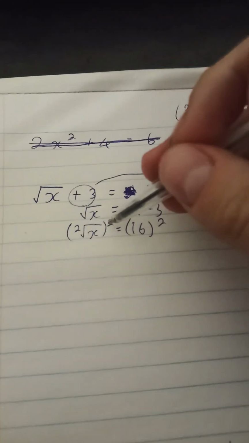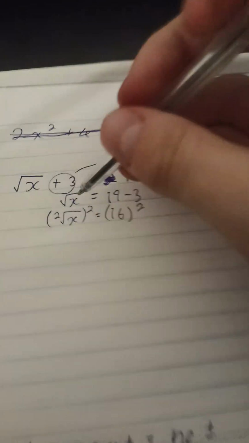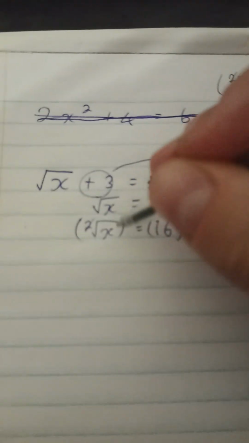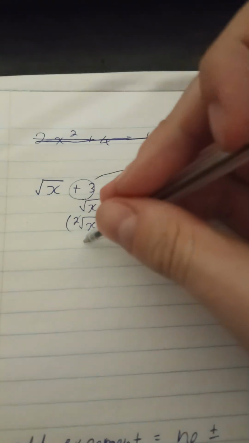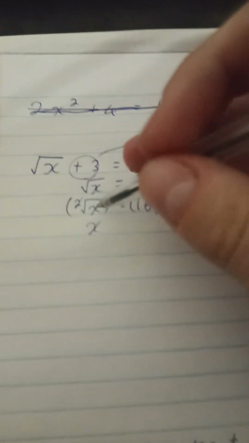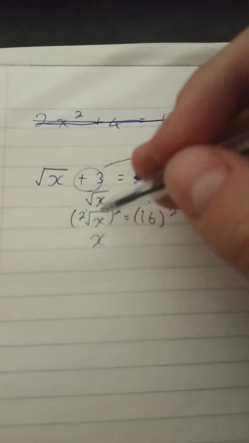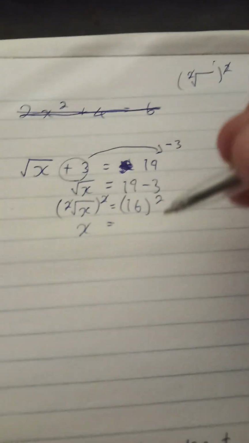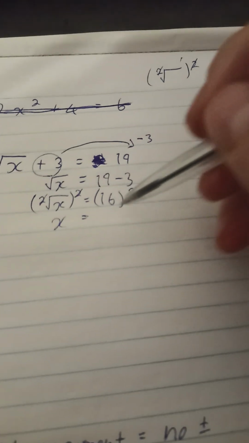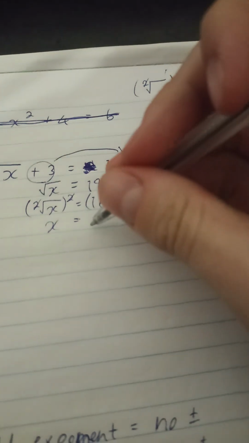Now, clearly this 2 can cancel out, therefore you are left with x alone, because you got rid of the square root. Now, we have 16 to the power of 2.